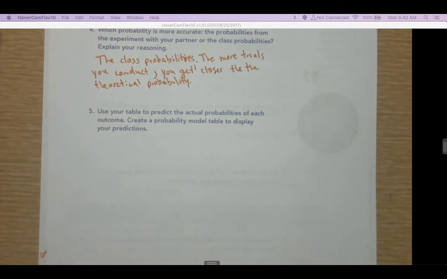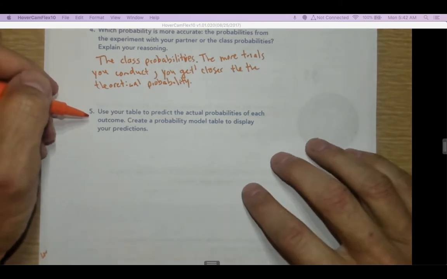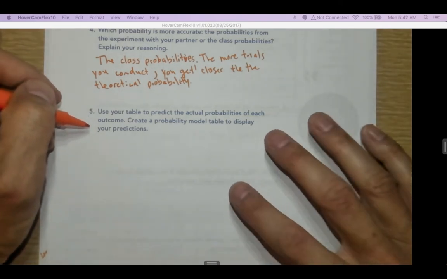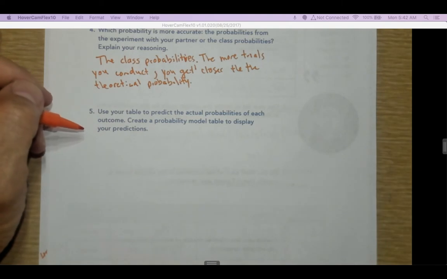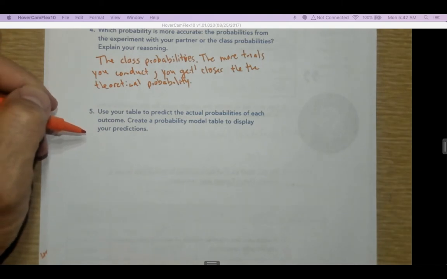Use your table to predict the actual probabilities of each outcome. Create a probability model to display your predictions.